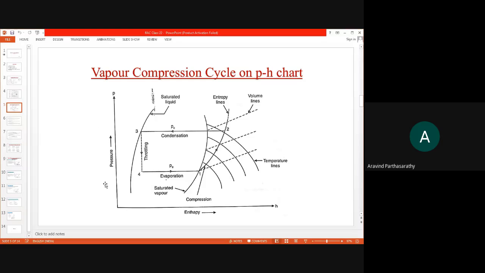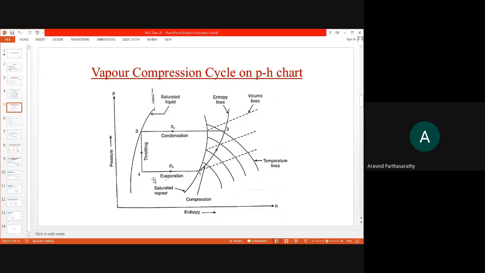When you see this diagram, you can see these lines represent the temperature lines, and these dotted or dashed lines represent the volume lines, and in between you have to find these 1, 2, 3, 4 points. When you conduct a problem, you will clearly understand how to take the enthalpy of each state point.